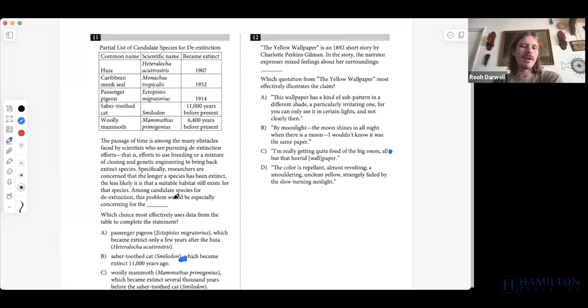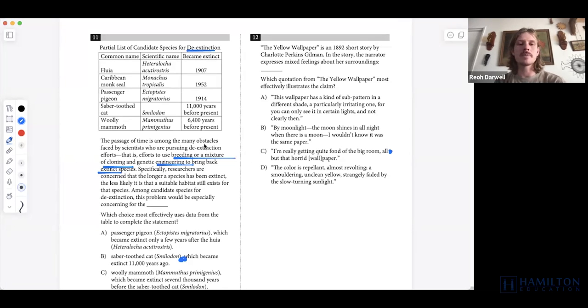And in 11, we are asked to complete an inference, right? To complete a statement. So we need to make sure that we are using both our graph, or our figure rather, and our passage, to put them into links. So we're talking about de-extinction. What is de-extinction? We use breeding or cloning and genetic engineering to bring back species which are extinct, right?